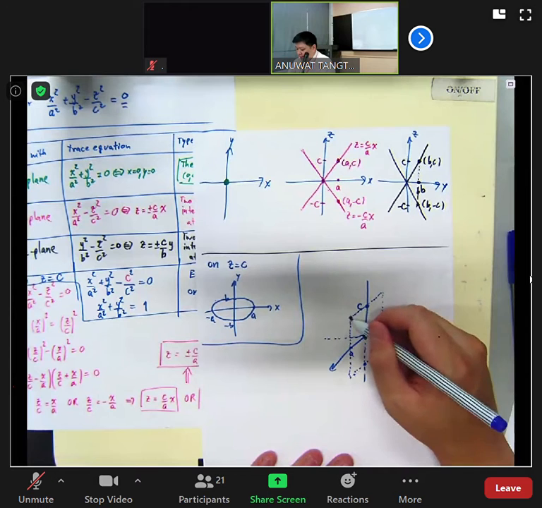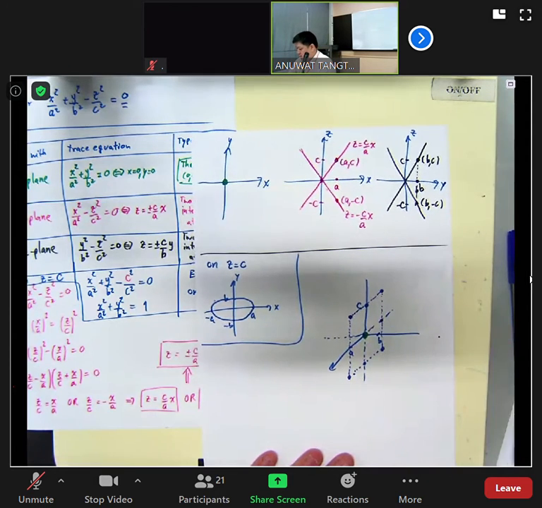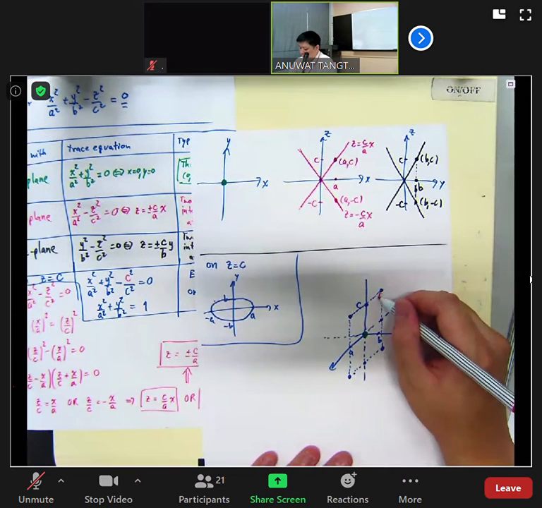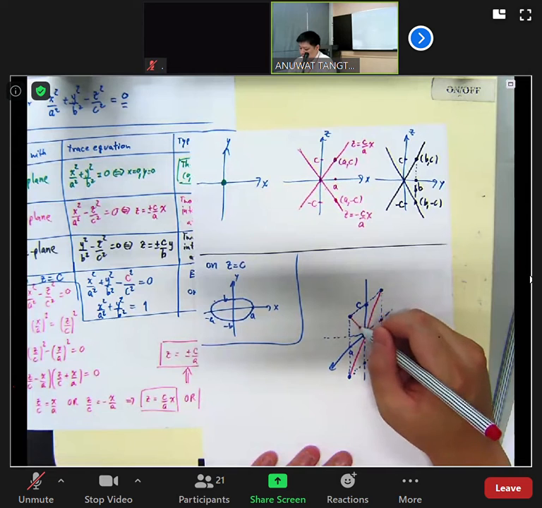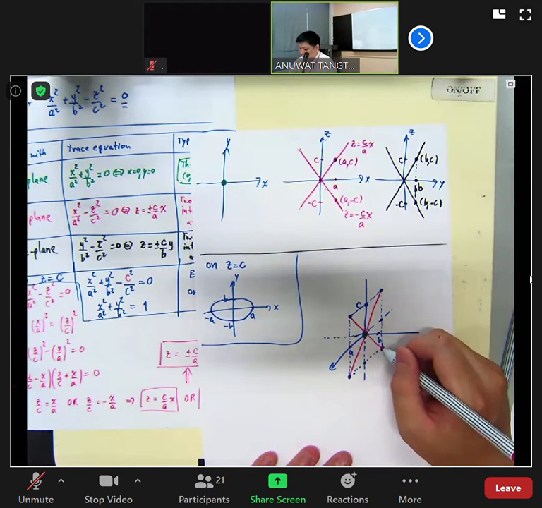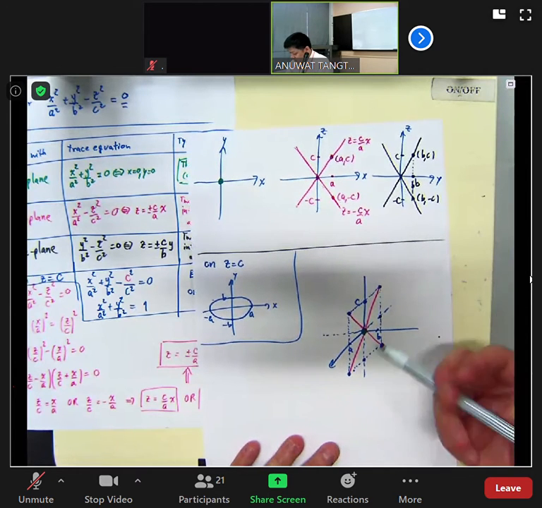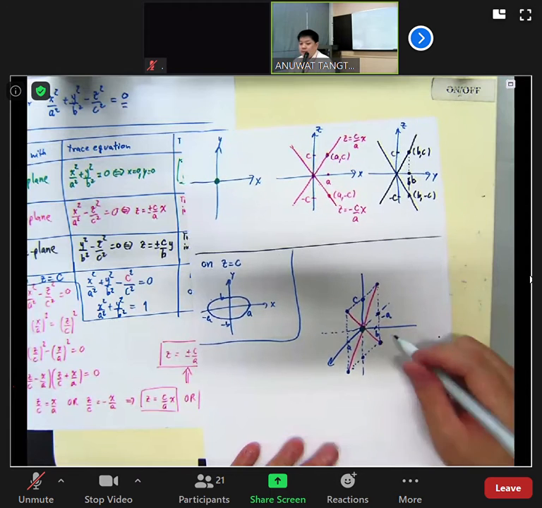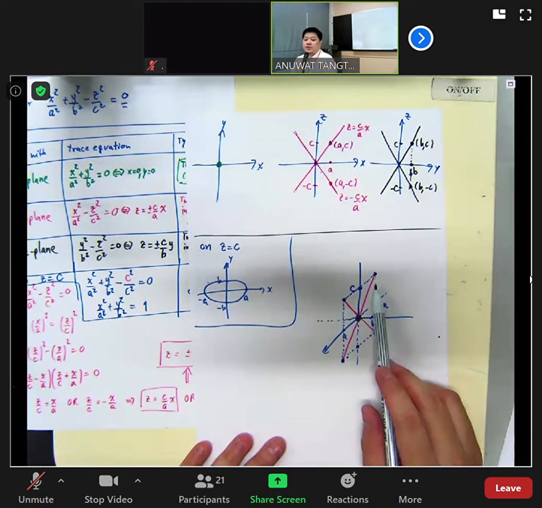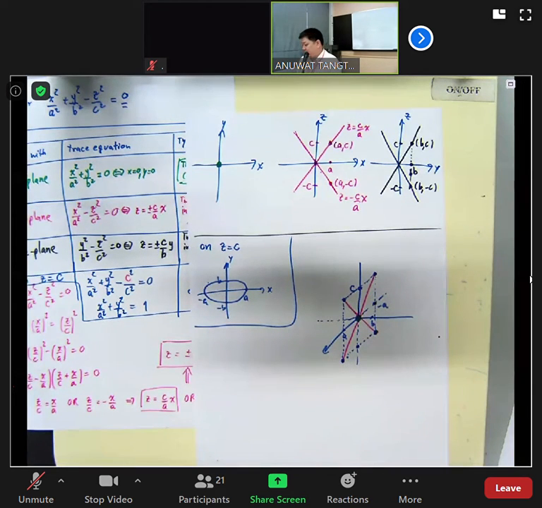This is the point AC. So we're going to have the straight line passing through the origin, crossing together. This is minus A. So this is the point AC, this is the point minus AC, this is the point A minus C, this is the point minus A minus C on the XZ plane.